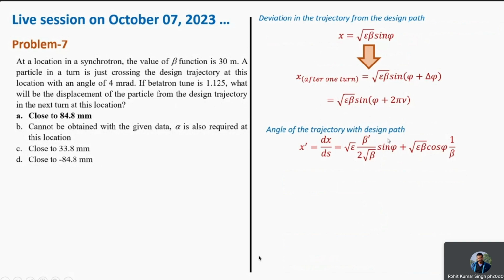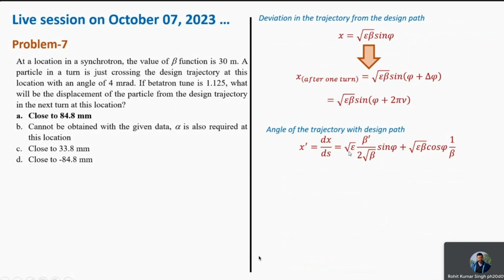Now the angle of the trajectory with respect to the design path: if we have x equal to under root emittance beta sin phi, and we differentiate it with respect to s, dx by ds, we will get x prime. So let us differentiate it.